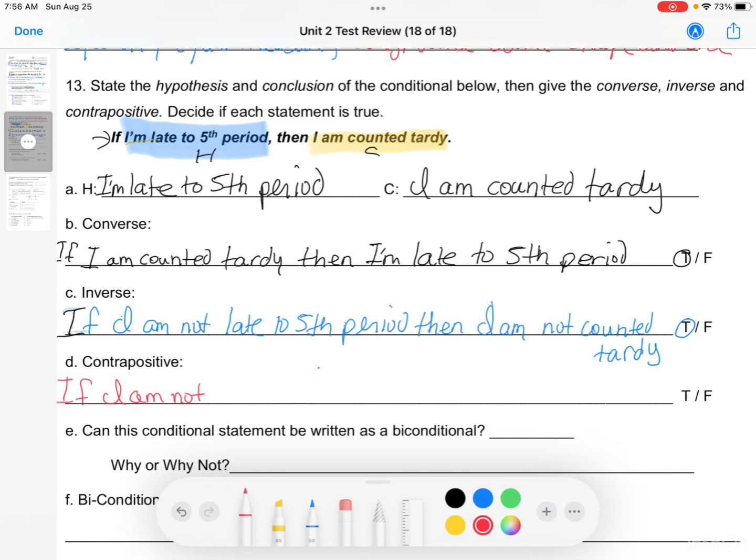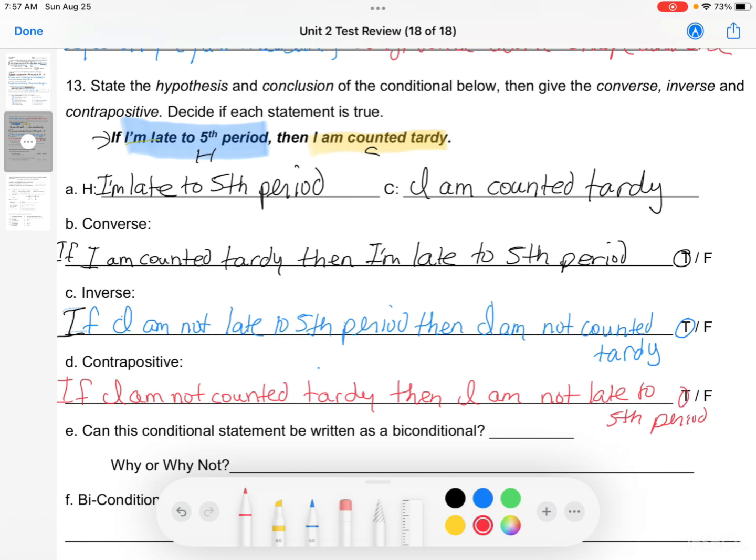If I am not counted tardy, then I am not late to fifth period. Okay, and that is also true.